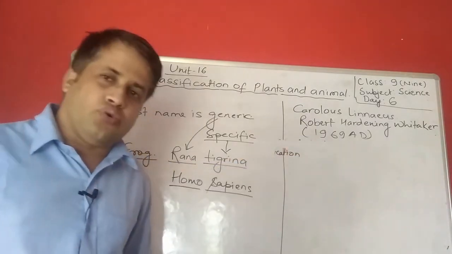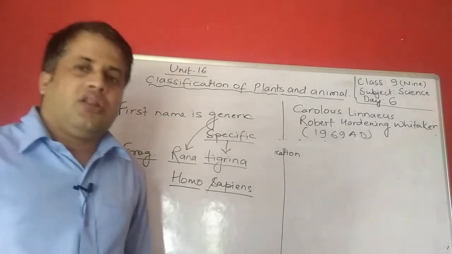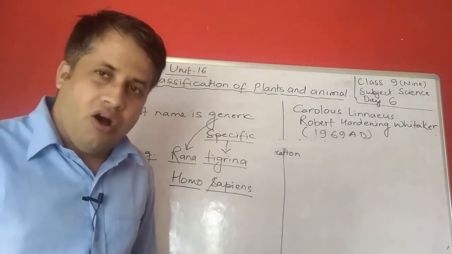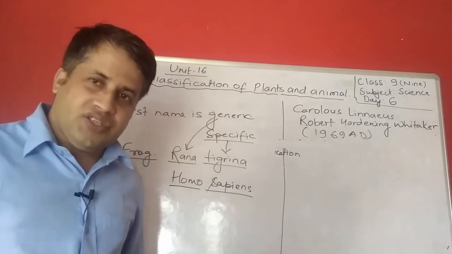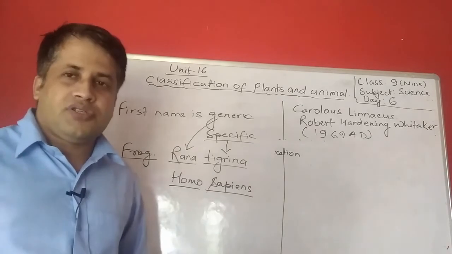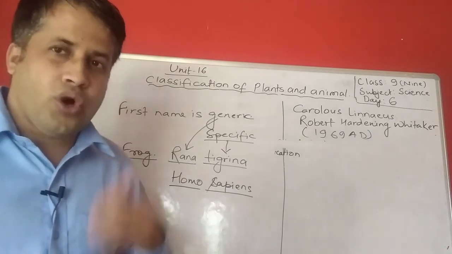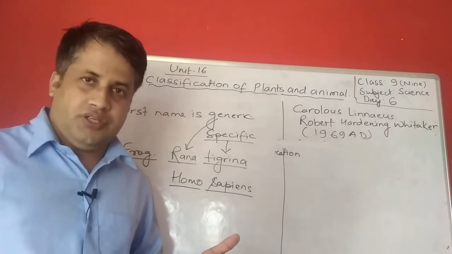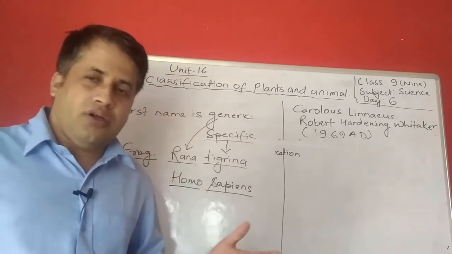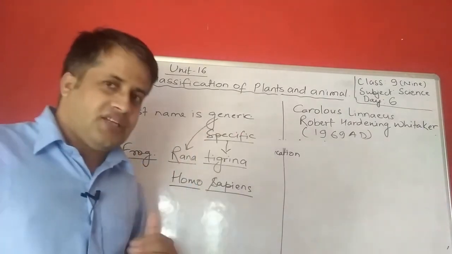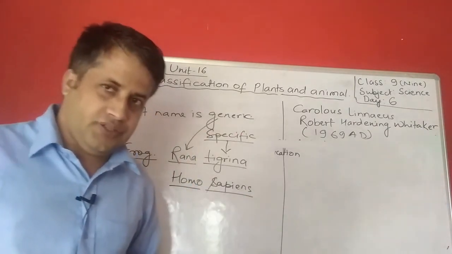So in our course, we will study the classification of living organisms on the basis of the five kingdom system. And why is the five kingdom system the modern system of classification? Why is it used? What are the advantages of using this system of classification?